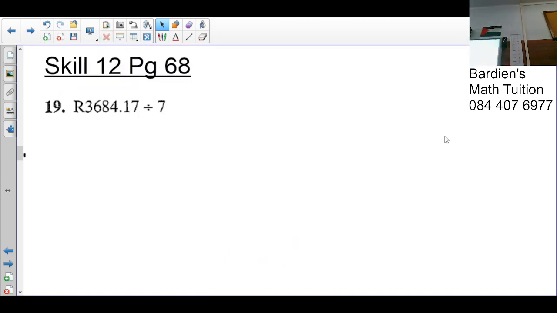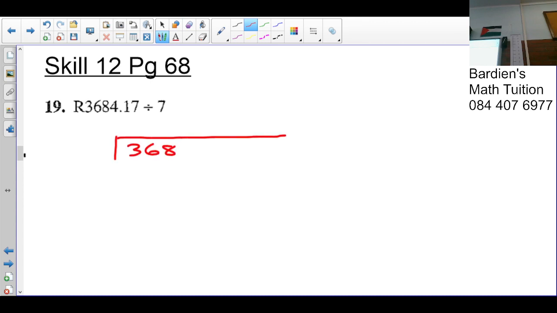So again, let's go with this. So it's going to be 3684,17 divided by 7. 7 going into 3? No. Into 36, how many times does it go? 5 times. 5 times 7 is 35. Minus 36 is the remainder 1.